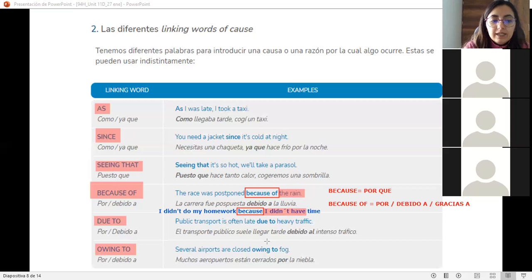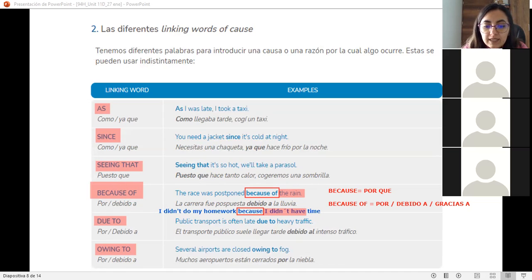So keep in mind, guys, these words you can use when you are talking about the cause of something or why something happens, okay? Mucho ojo con estas frases que las vamos a ocupar cuando hablamos del porqué de algo, ¿no? De la causa de algo.